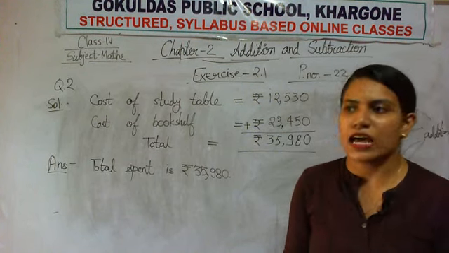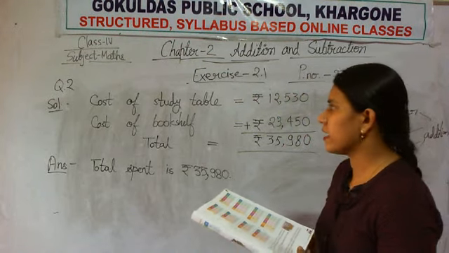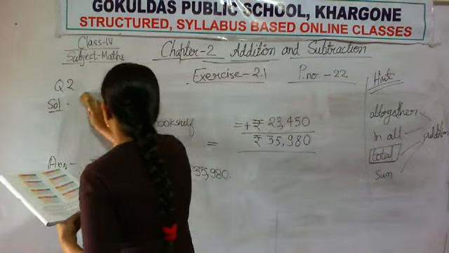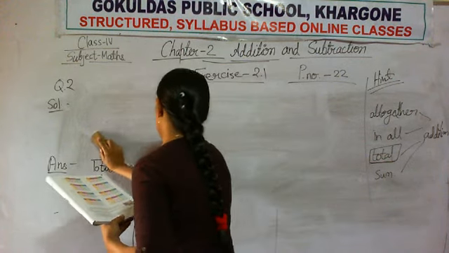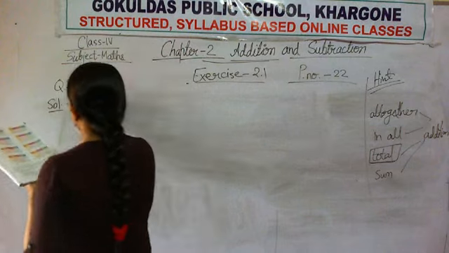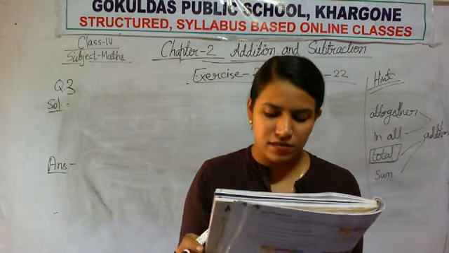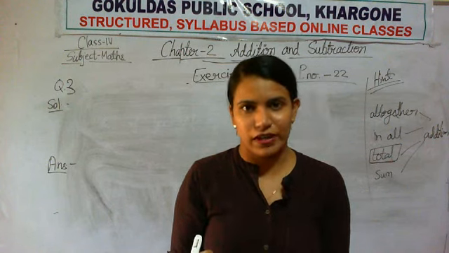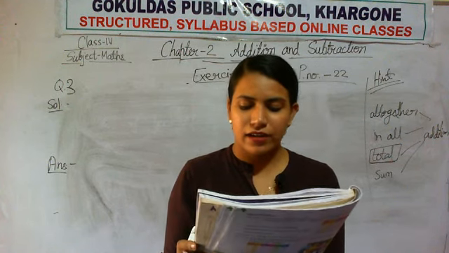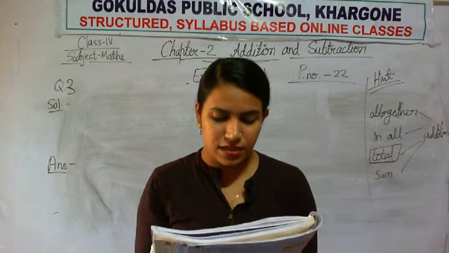Okay, let's do the last question of today's class, that is question number 3. Question number 3, read with me. An LED TV set costs rupees 92,425 and a digital camera costs rupees 78,946.